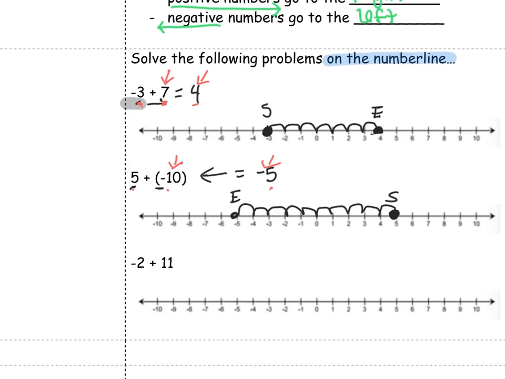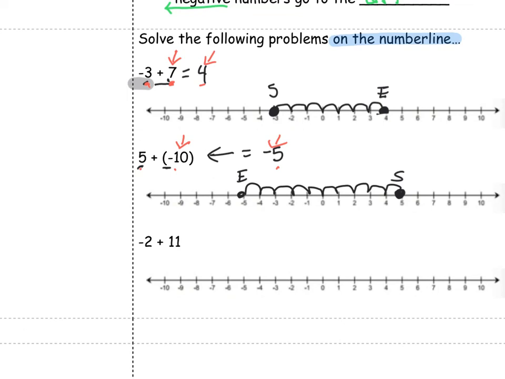All right, let's see one more. The pattern between 3 and 7 to get to 4, and 5 and 10 to get to 5, looks like we are subtracting. So I'm guessing that this is going to be 9. And just like here, when my greater number was positive, my answer is going to be positive.